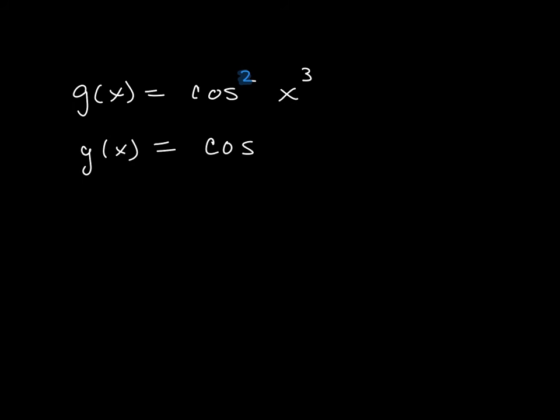We'll go ahead and do one more. If I have g of x equal to the cosine squared of x to the 3rd. Remember, first thing you want to do anytime you have the index on a trig function is go ahead and rewrite that. So this is the same thing as cosine of x to the 3rd quantity squared.